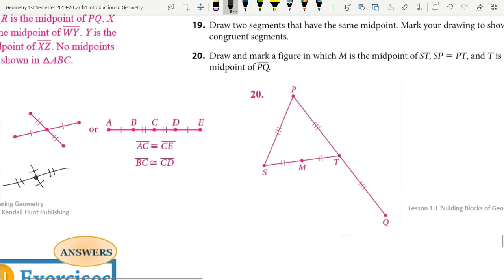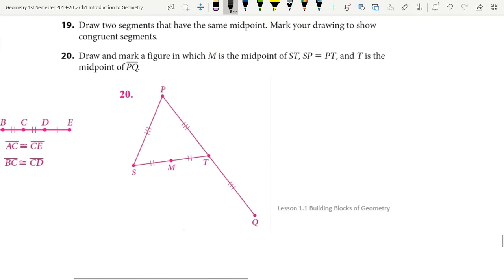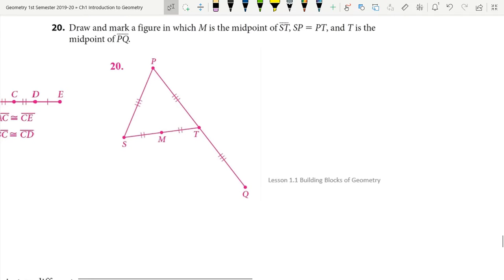Okay, number 20. It says draw and mark a figure in which M is the midpoint of ST and SP equals PT, and T is the midpoint of PQ. So with 20, you really got to do this step by step. Start with segment ST. So draw a figure where M is the midpoint of ST, and then label it as a midpoint. We'll just use 2 dashes here. And then it says that SP equals PT.